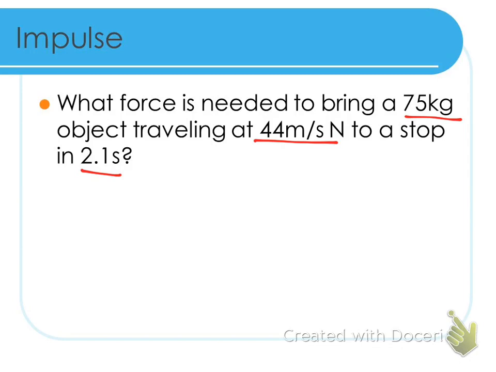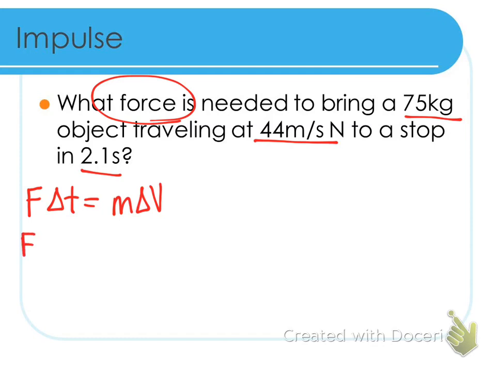Okay, so if we set up our equation, force times delta t equals m times delta v. Okay, we're solving for a force. Delta t, remember, is always just going to be the time that they gave us, right? We don't have a final time and an initial time. It's just going to be what they gave us right there.